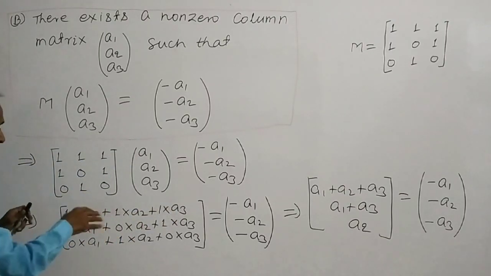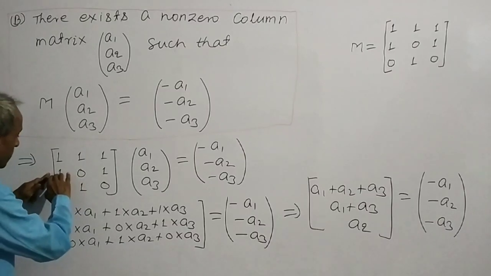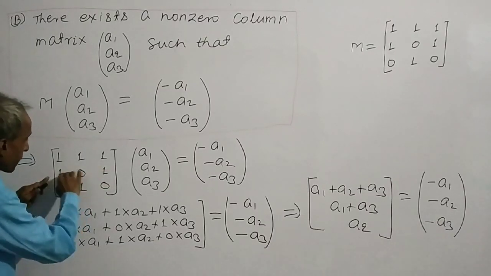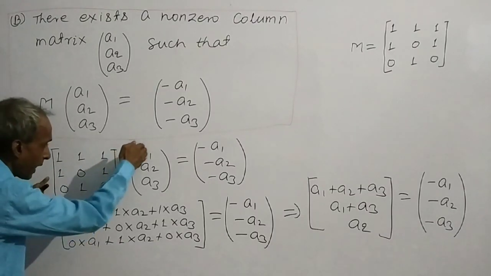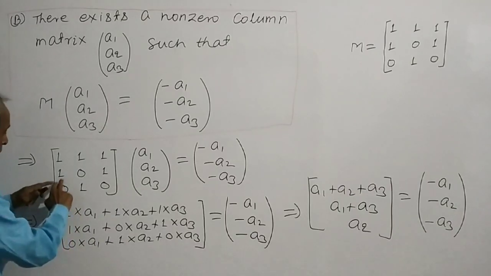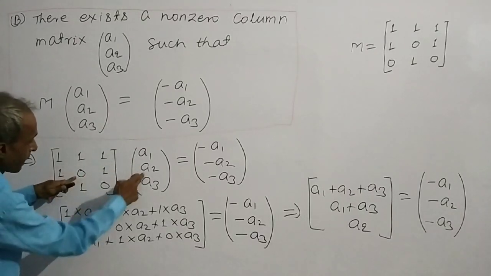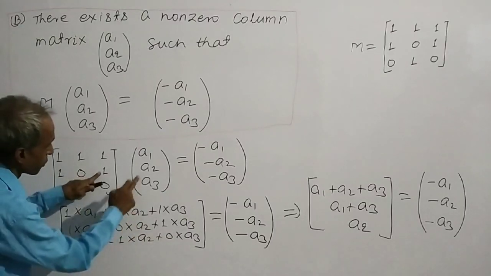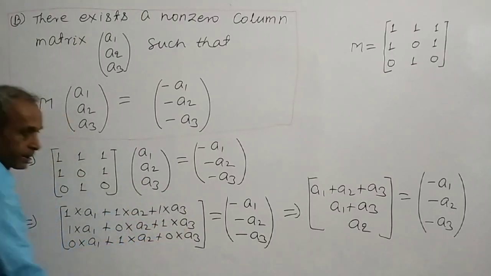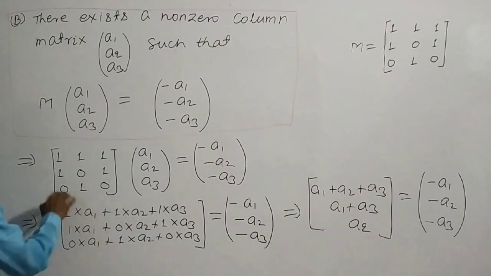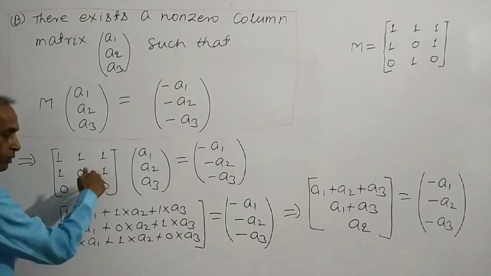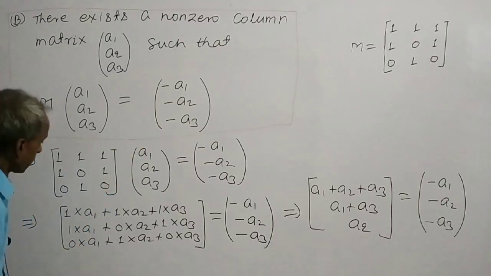Now we multiply with second row and this column. 1 multiplied by A1 plus 0 multiplied by A2 plus 1 multiplied by A3. Multiplication by second row is complete.